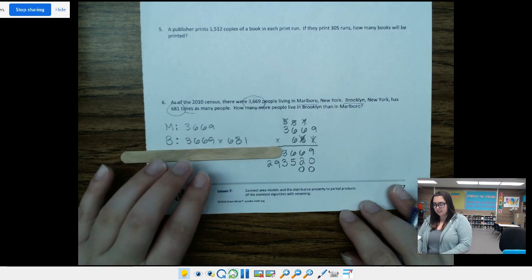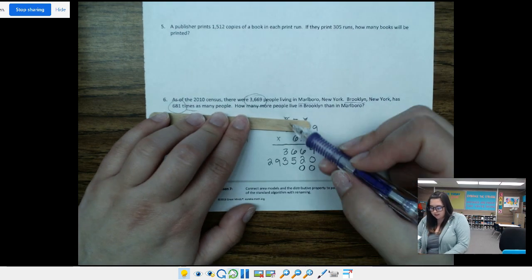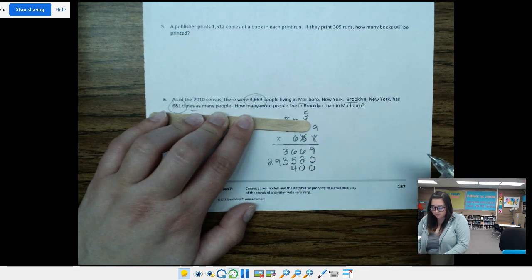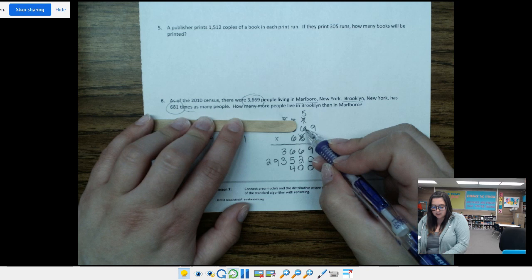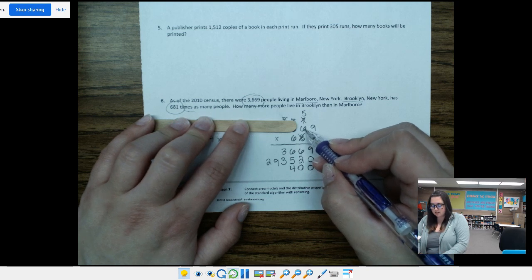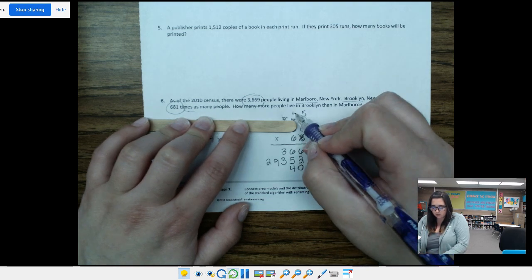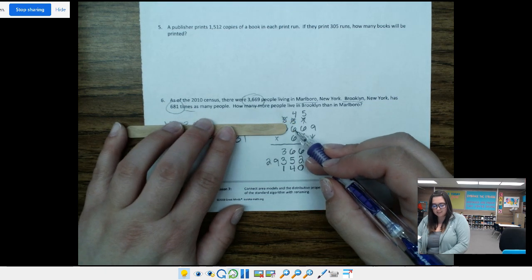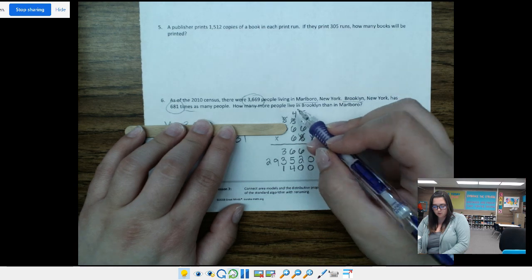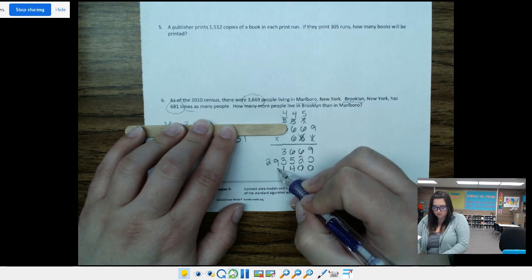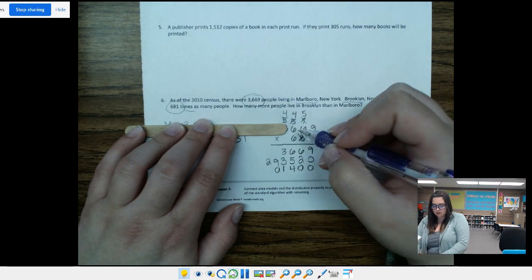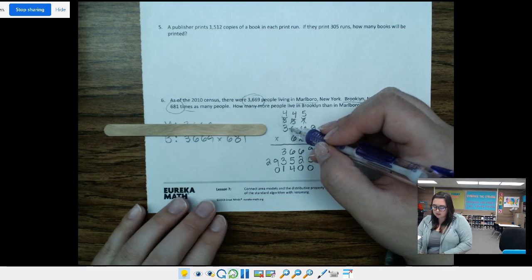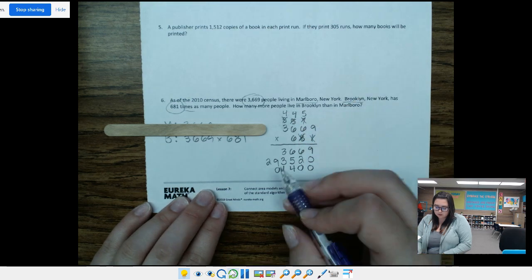Now we can pretend it's a 6. 6 times 9 is 54. 6 times 6 is 36, plus 5 is 41. 6 times 6 is 36, plus 4 is 40. 6 times 3 is 18, plus 4 would be 22.